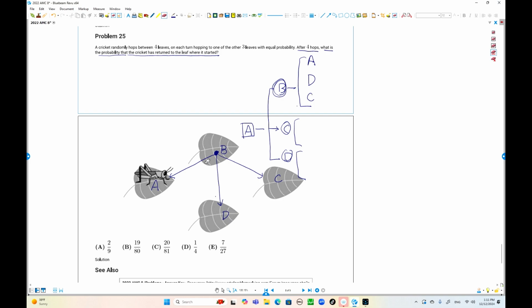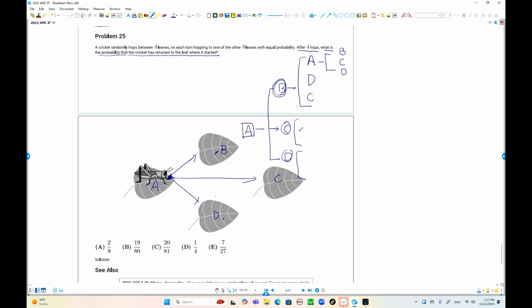If A is over here, now that's not the first step, right? That is the third hop. A also can go B or C or D, isn't it? From here, you can go B, C, D again. That's 3 hops, right? After 3 hops, okay?